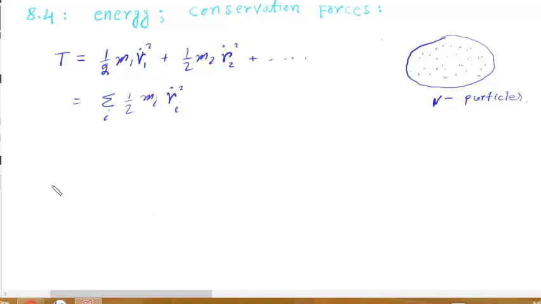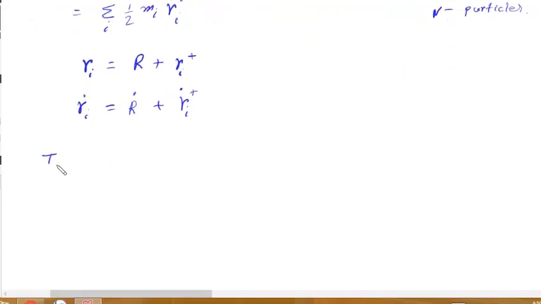We already know r_i is equal to R, the center of mass part, plus r prime i, the part relative to the center of mass. Then we write the derivative and put in this value. T is equal to the summation of one half m_i times the quantity R dot plus r dot prime i, whole squared.